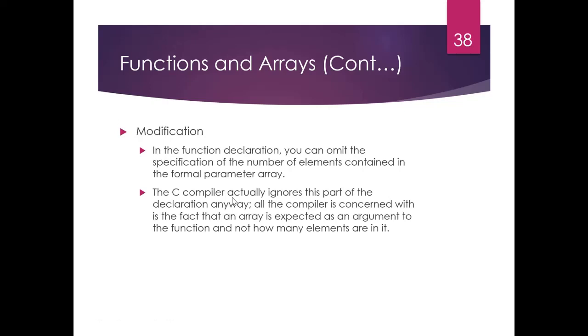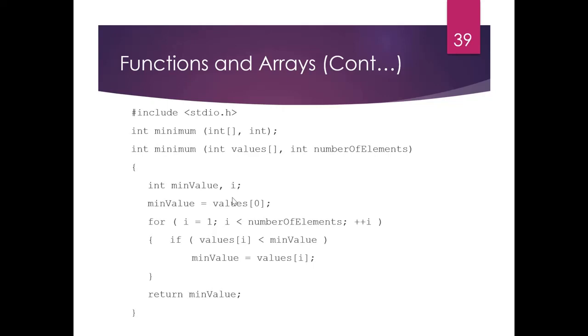All the compiler is concerned with is the fact that an array is expected as an argument to the function, and not how many elements are in it. It does not worry about how many elements there are. Okay. Here in this example, int minimum, int values, by using these square brackets, it takes an array. Size of array is not specified here. Okay.